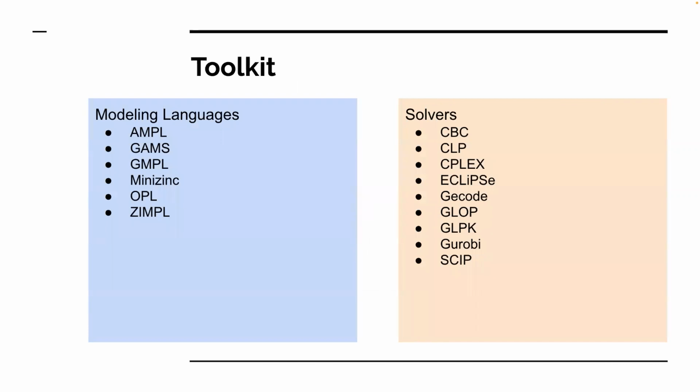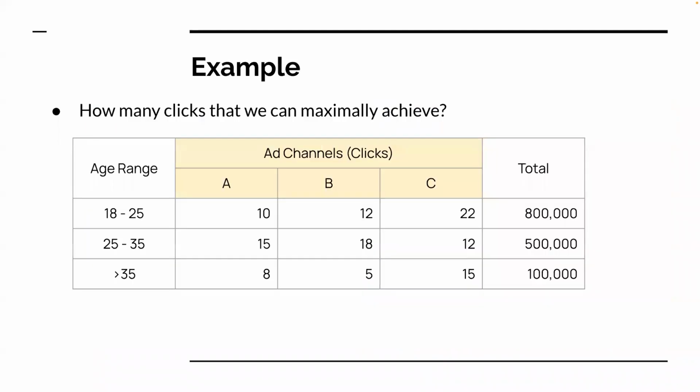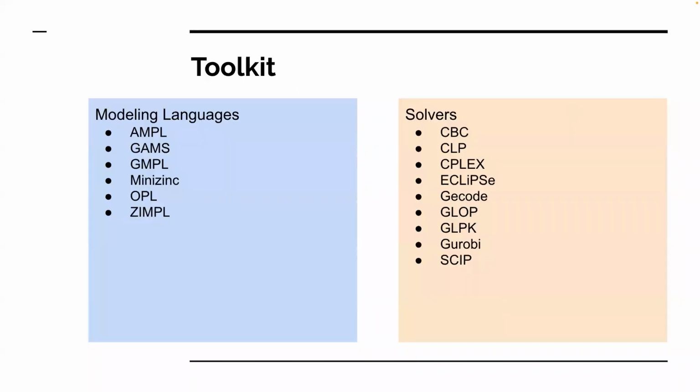So what are the various ways in which this problem could be solved? There are a lot of modeling languages, like AMPL, GAMS, and so on. These are formal languages which have been devised to pose this optimization problem. Similarly, there are a bunch of solvers.